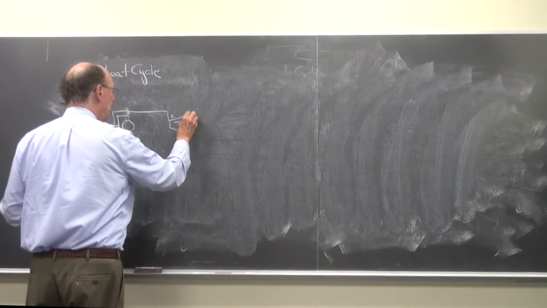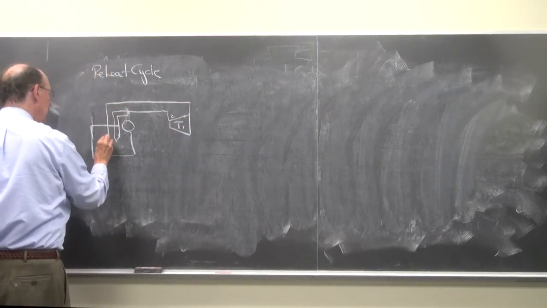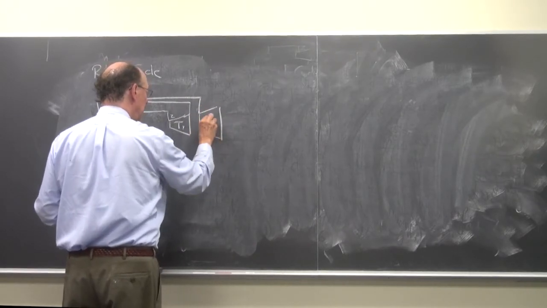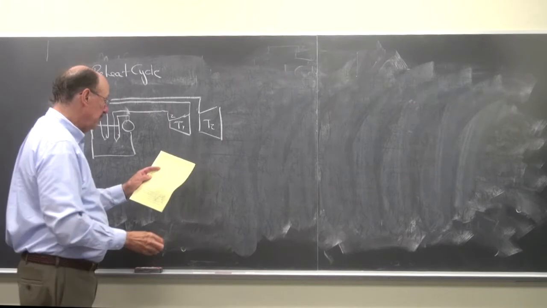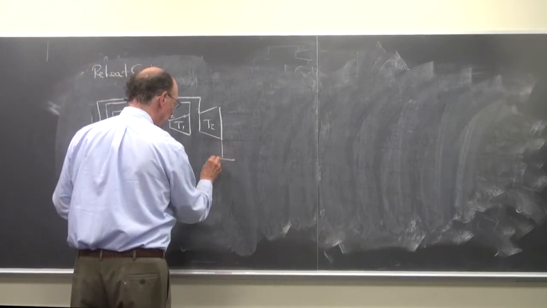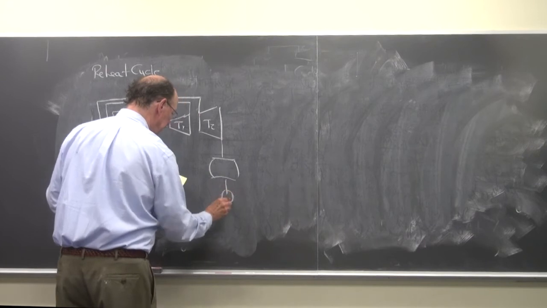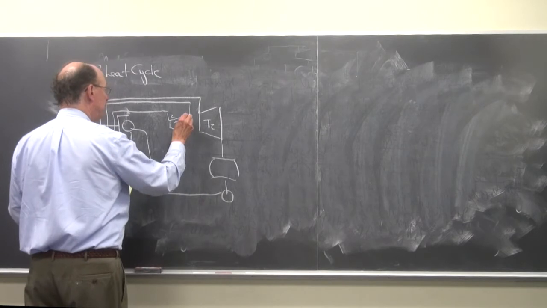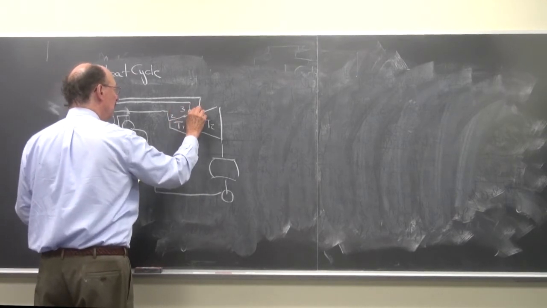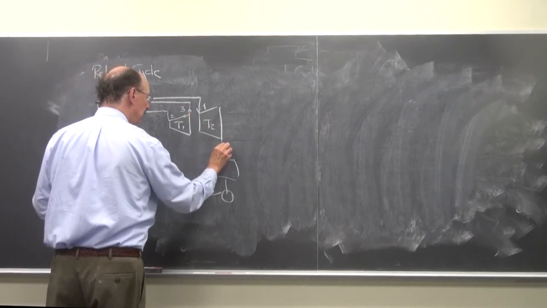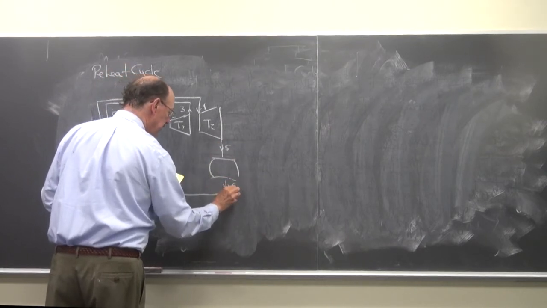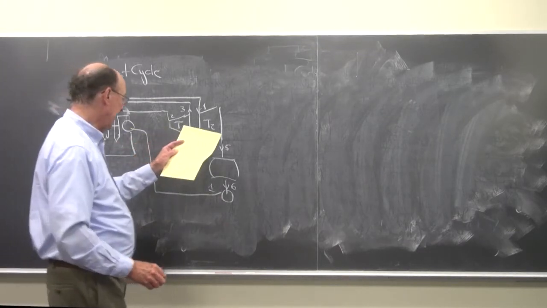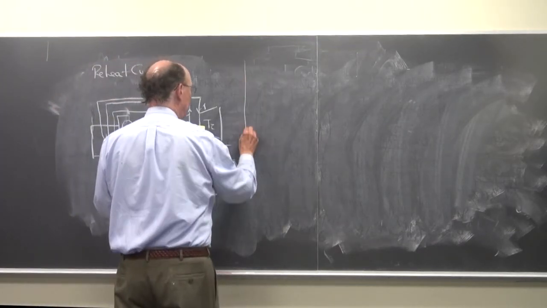And then we'll take it and have it go back and be reheated and come back to the second turbine, T2, and expand through that to the condenser, to a pump, and back to the cycle. So we have 2, 3, 4, 5, 6, 1. And so we have that diagram, and we look at the TS diagram.